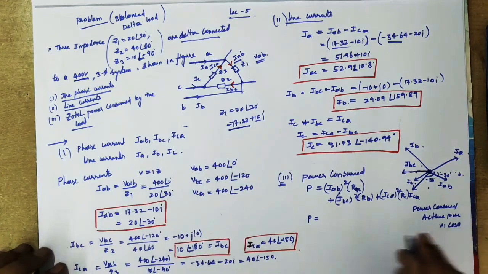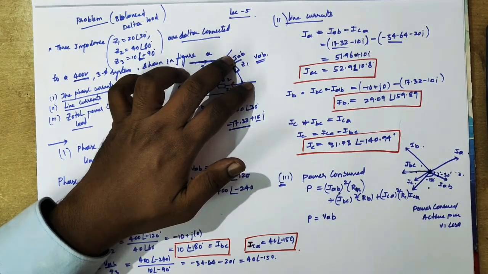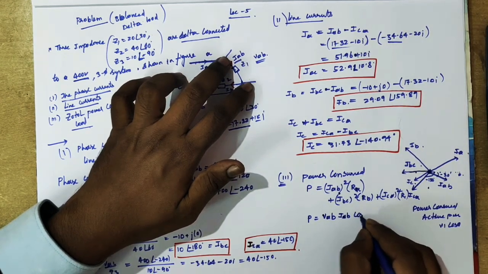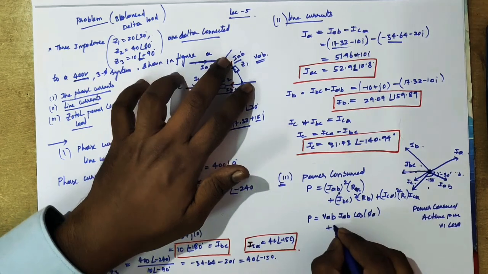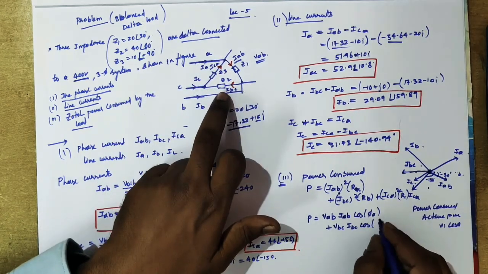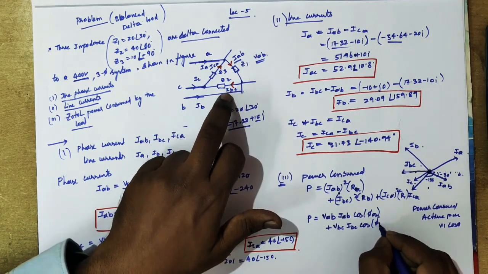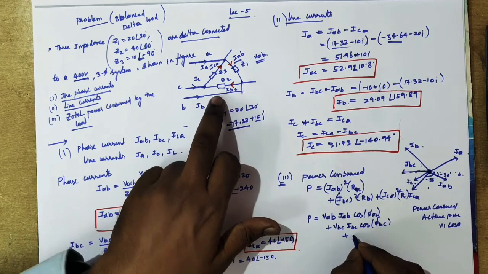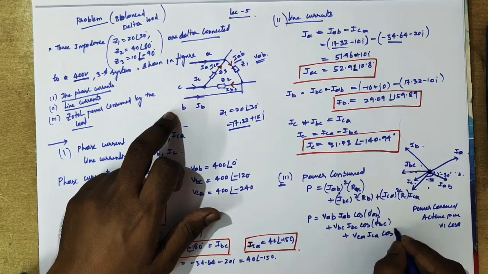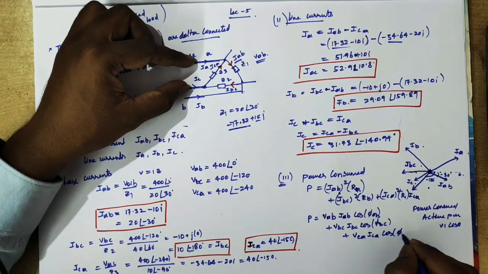So for example, at this phase, VAB IAB cos phi AB, plus VBC IBC cos phi BC, plus VCA ICA cos phi CA.